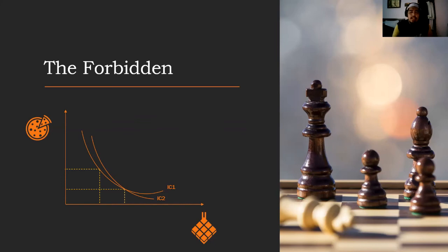But here you are violating the transitivity axiom, because when you say, let's say, we have a point here, you would rather have half a slice of pizza give you more satisfaction than you have here.